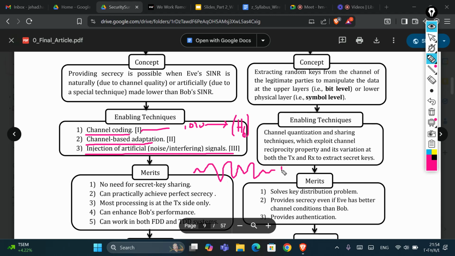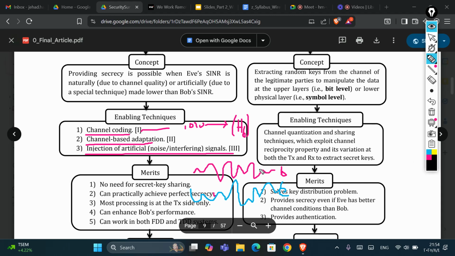So let's assume this is the representation of Bob's channel. And Eve has another channel, let's put it in another color like this. This is Eve's channel after measurements by the device.